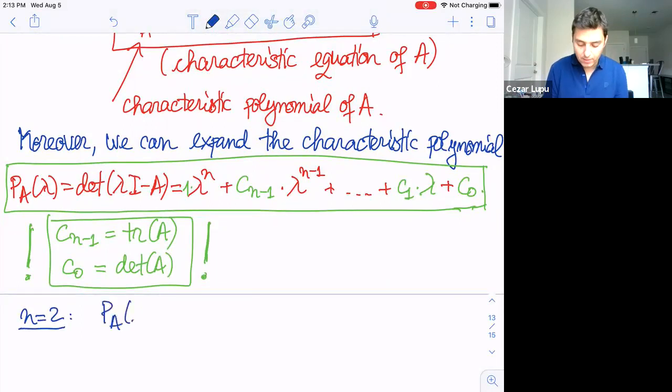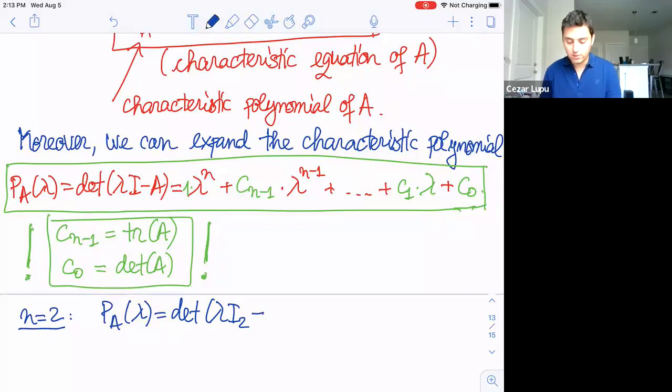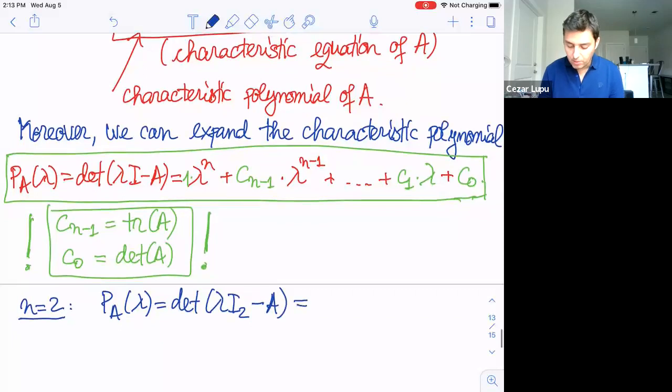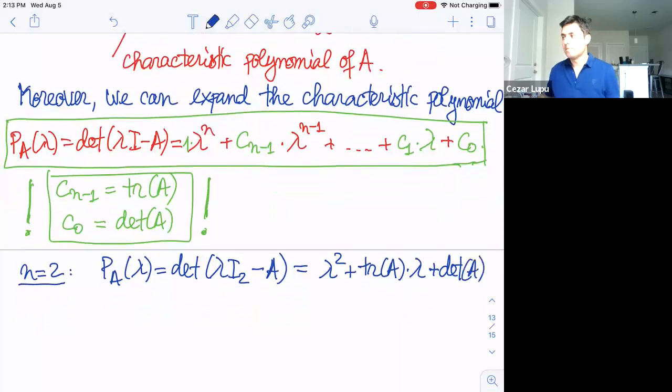PA of lambda is the determinant of lambda times the identity I2, the 2 by 2 identity, minus the matrix A. This will be lambda squared minus trace of A times lambda, plus the determinant of A. Let me be more specific: the coefficient is the negative trace of A, sorry about that.